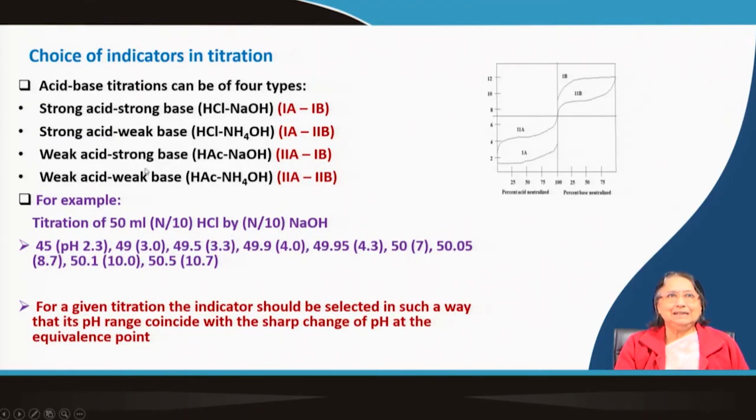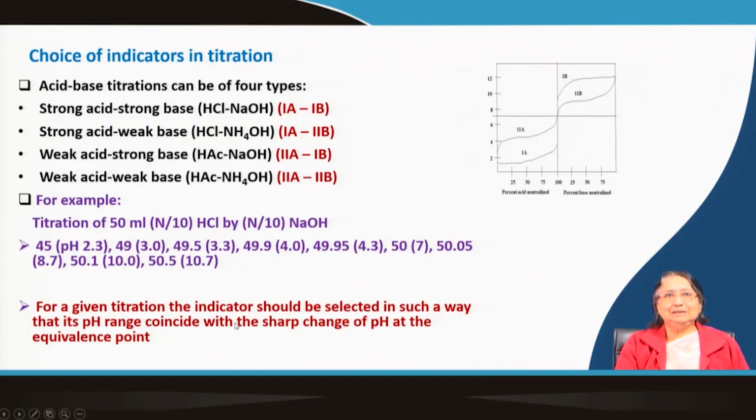But weak acid and weak base is not a very good titration. You can see this is the curve 2A 2B, it will be like this, it will be like this. So, here the range is a very narrow range. So, almost no indicator will fit for this type of titration. Okay. So, for a given titration, the indicator should be selected in such a way that its pH range coincides with the sharp change of pH at the equivalence point.